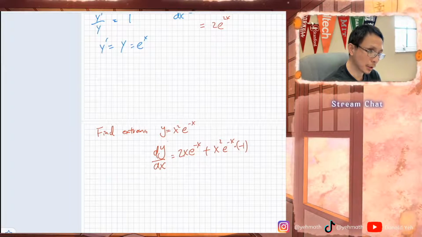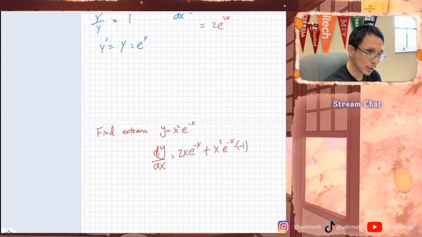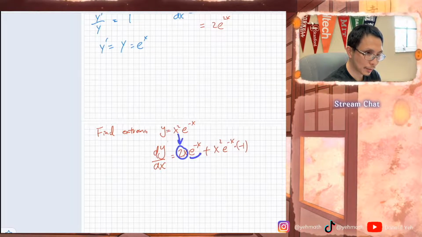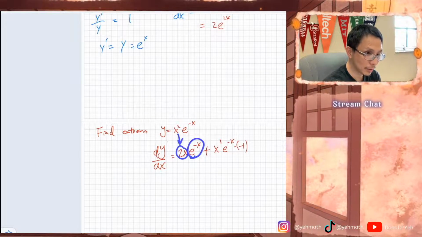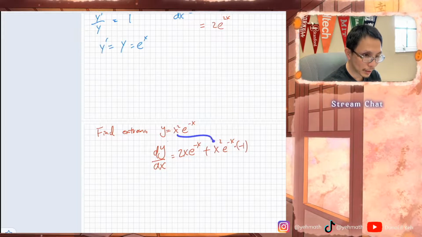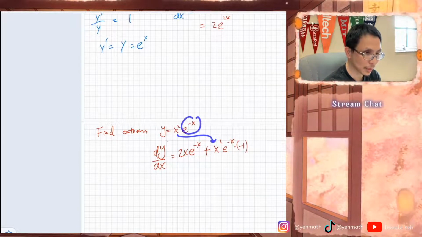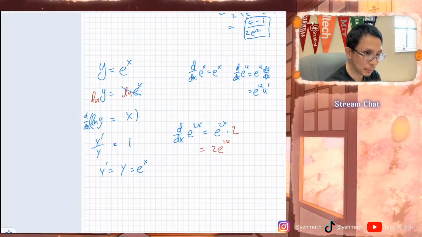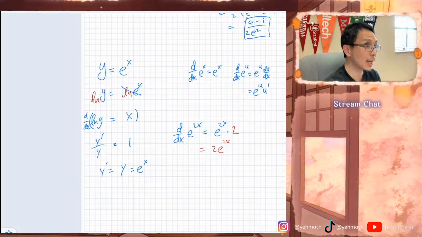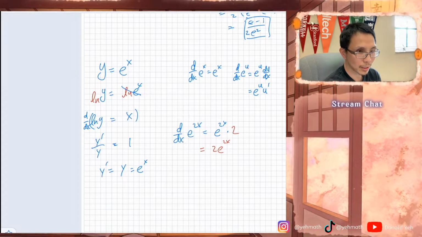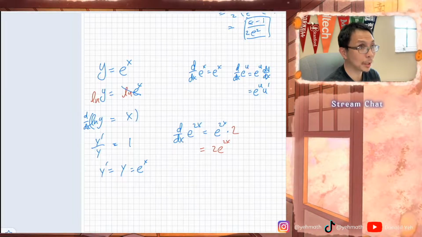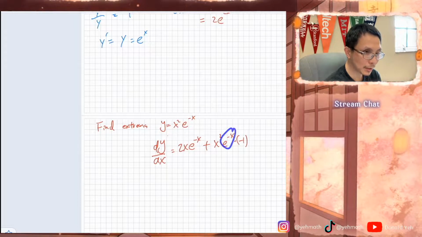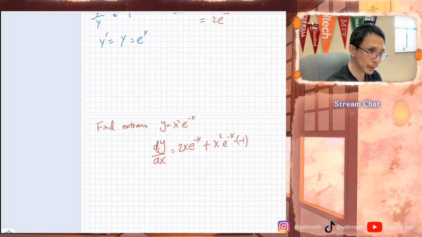If I take a derivative of x squared, it's 2x, and leave this term alone. Then leave this term alone and take a derivative of e to the negative x. Remember, the derivative of e to the u, where u is anything other than x, is e to the u times u prime. Therefore, e to the negative x times negative 1.